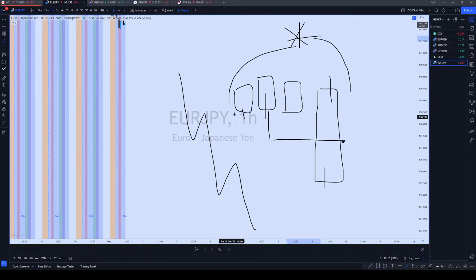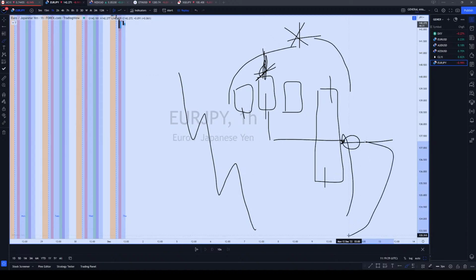So for example, if price makes this move here, it can refer back to this particular candle because that was the lowest candle, and then price traded through it. So it can look back and reference this candle, and then price might trade back to this candle's low and then go down.